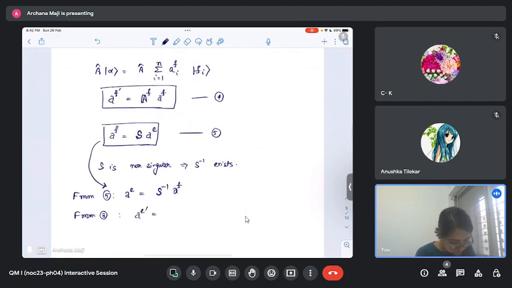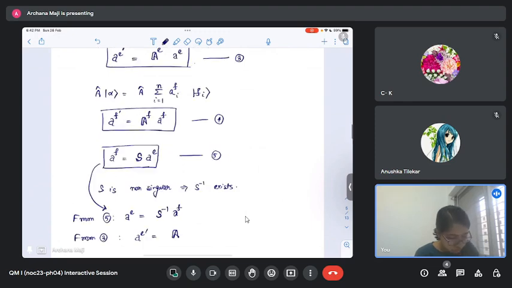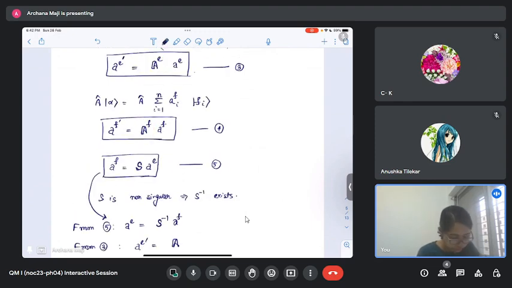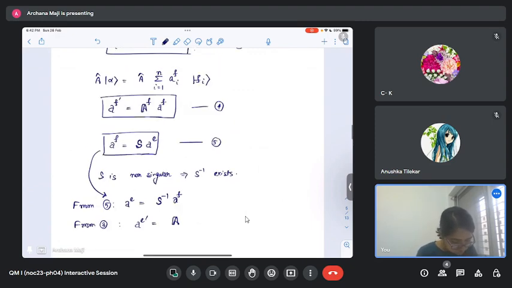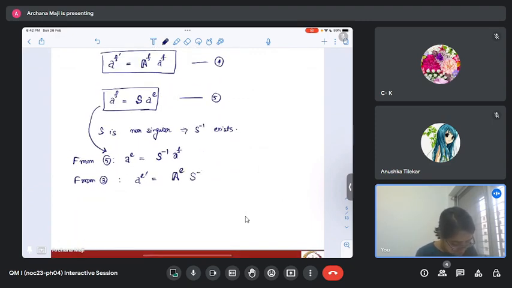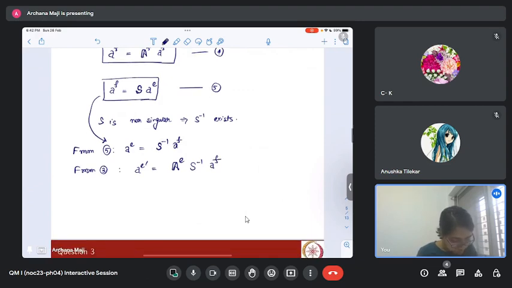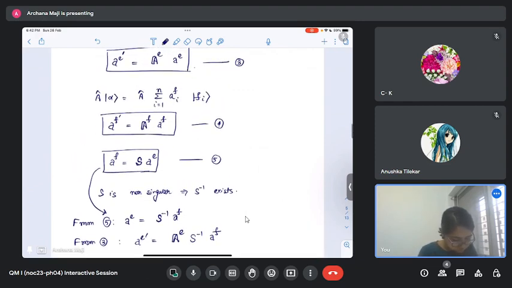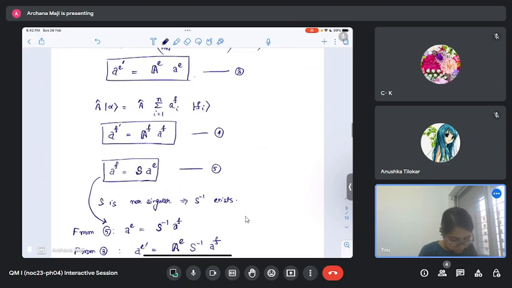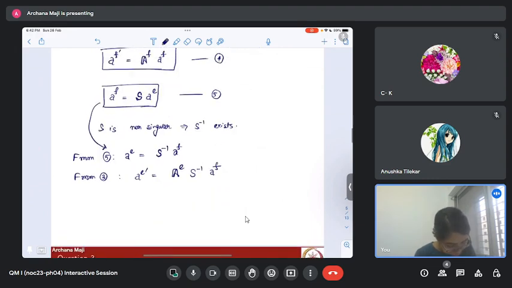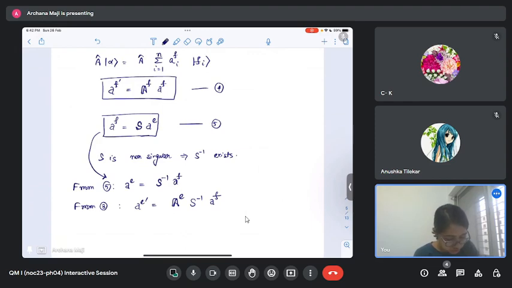So AE prime is, we want to see how these two are related. That is our goal here. S inverse, okay. Okay, now so from 5 we can also have AF prime would be S AE prime, call it 6.